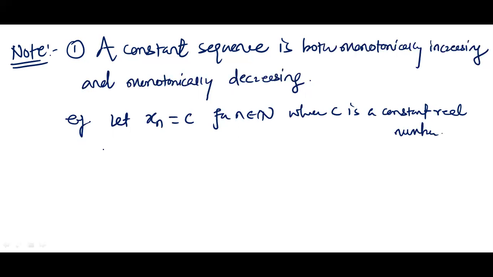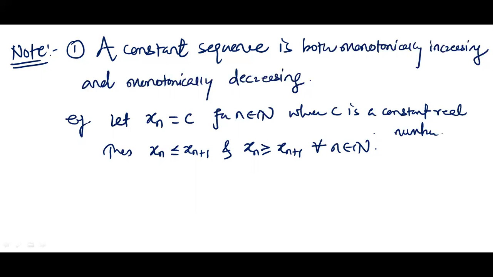Then you can note that xn is less than or equal to xn plus 1, and xn is greater or equal to xn plus 1, for all n belongs to N, because both xn and xn plus 1 are c, right?